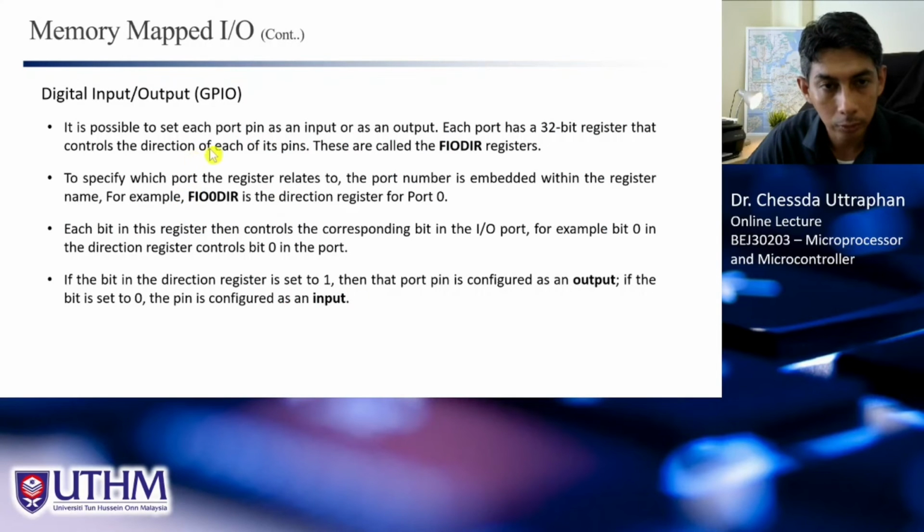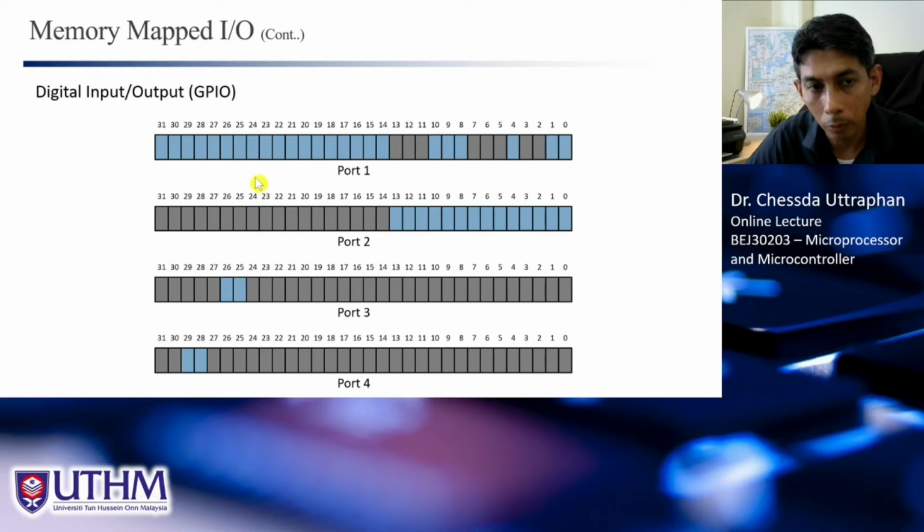So first thing first is that we need to program, or tell, the microprocessor what is the function of this port. This port is designed to be bidirectional, which means that it can be configured as input or output at one particular time.